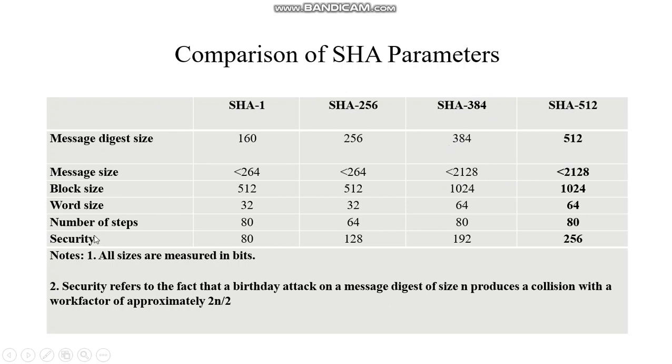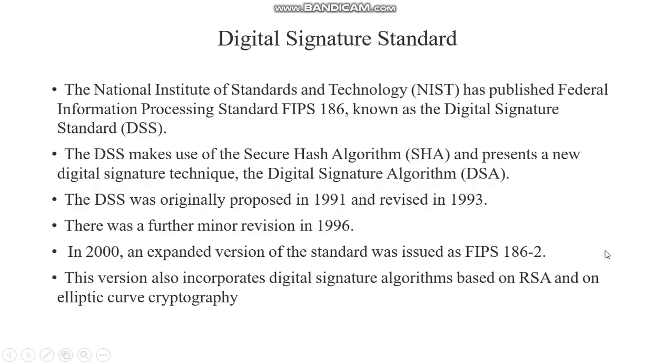The parameters given are the output, that is the message digest size, the original message size, how the blocks are generated, the word size, the number of steps involved, and the security.